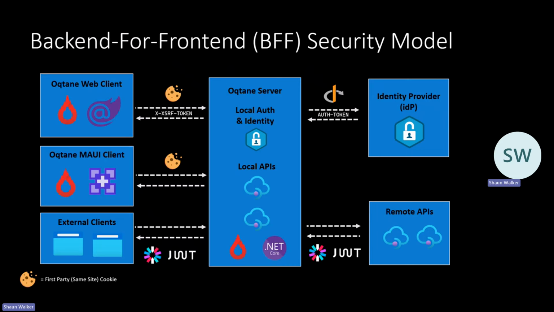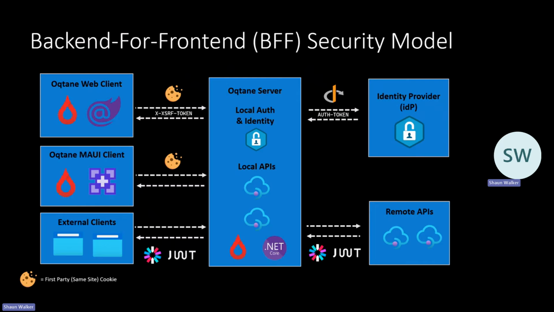Oqtane also has the ability to interact with third-party identity providers. So maybe something like Microsoft Entra, or basically any third party that offers the integration capability as an identity provider can be configured in Oqtane. And so users can log in using the identity provider.